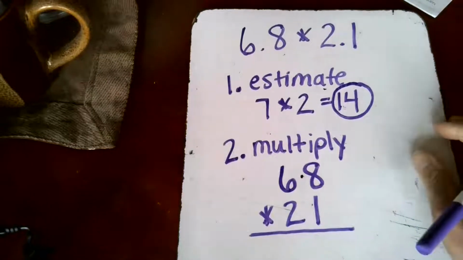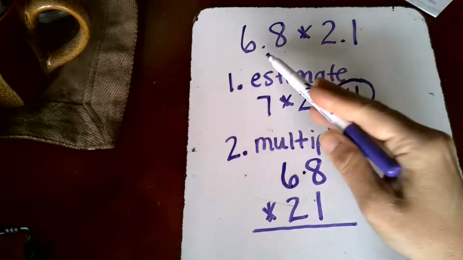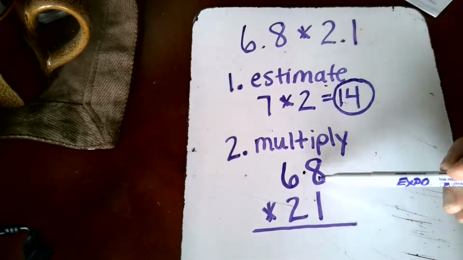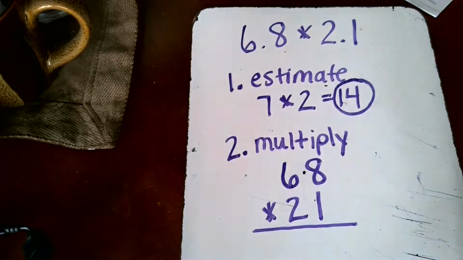That's pretty weird, right? So for step 2, you take the decimal points out of your original numbers and rewrite them as whole numbers. This is why you needed your multiplication charts today, because you're going to be doing some multiplication, and it's been a while for some of us.